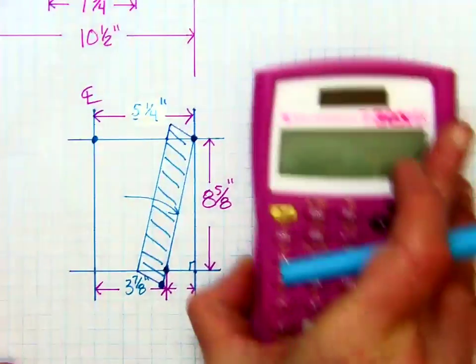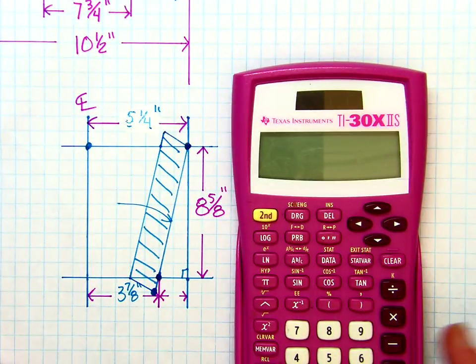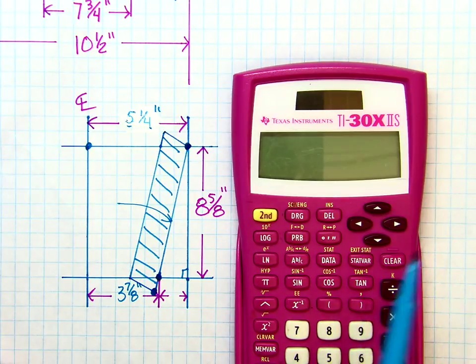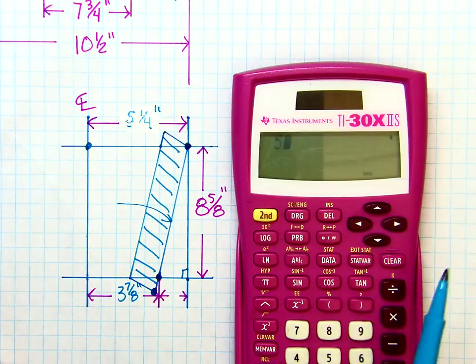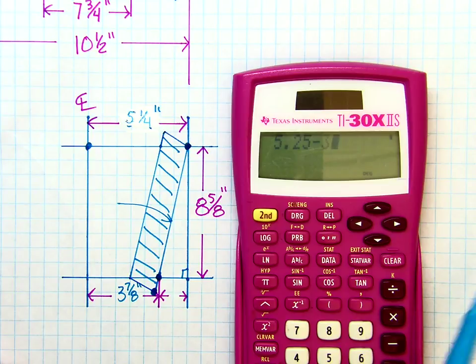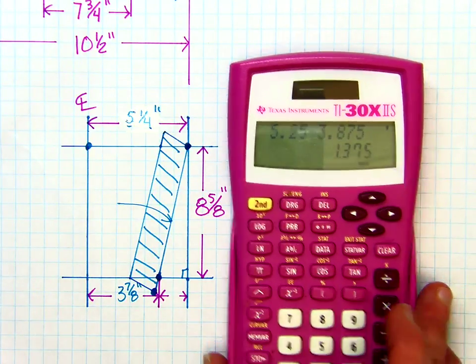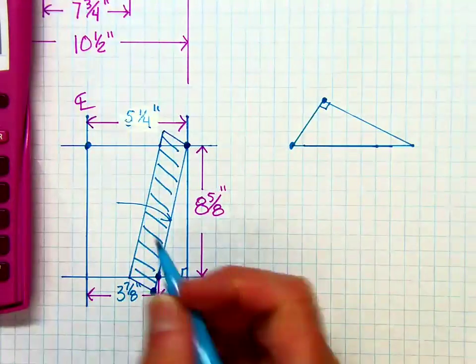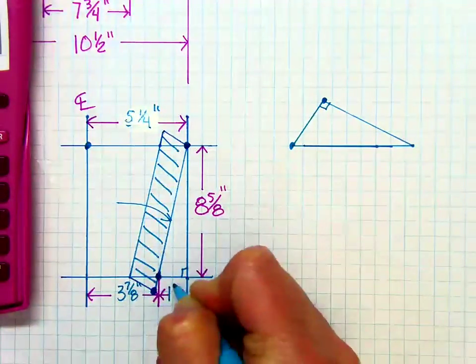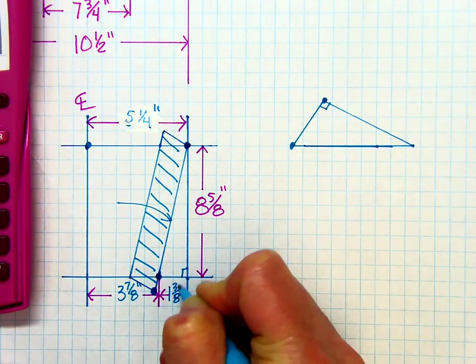So let's go ahead and plug that in. There we go. And I get 1 3/8. Or you could keep it in decimal form, it doesn't matter. I'm just going to write it as 1 3/8 because the space is kind of limited here in my drawing.